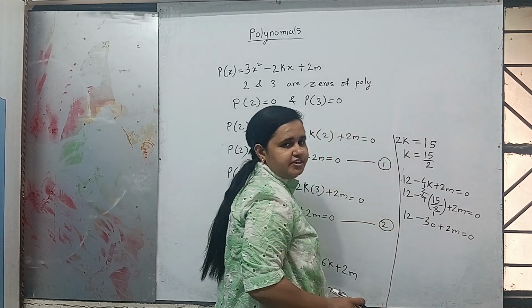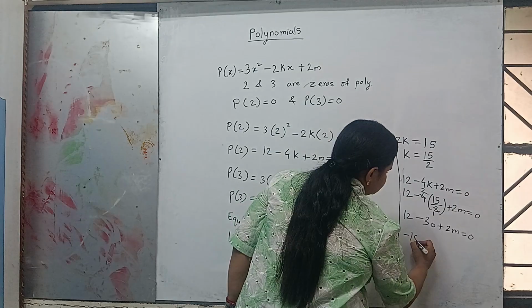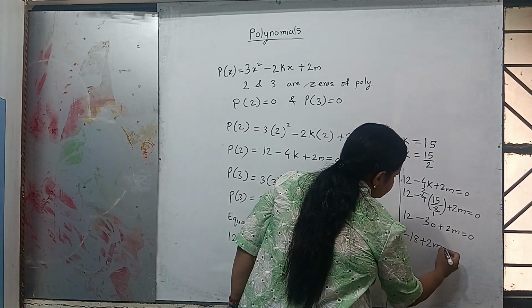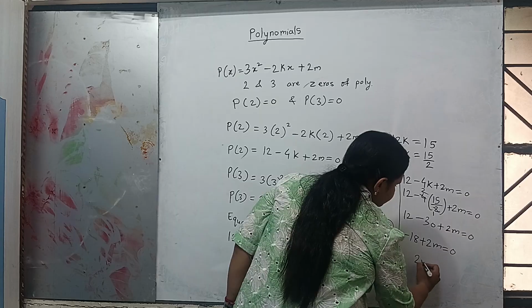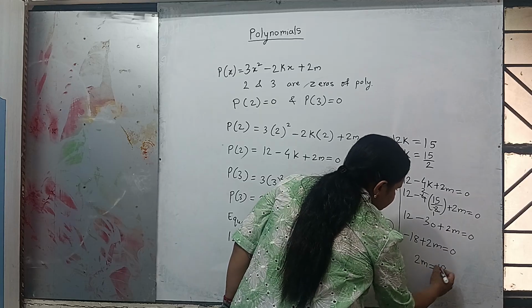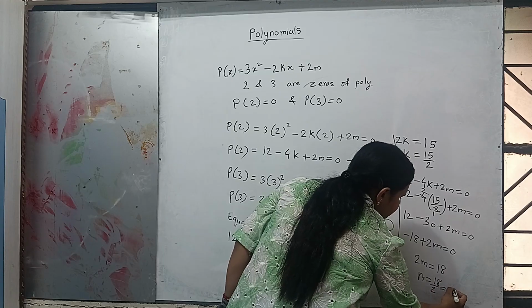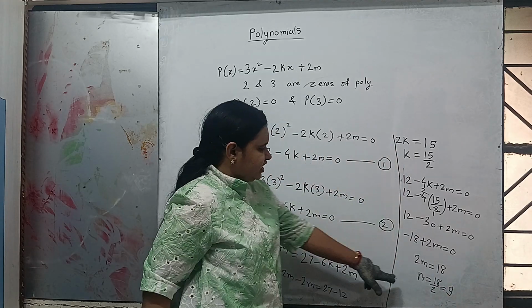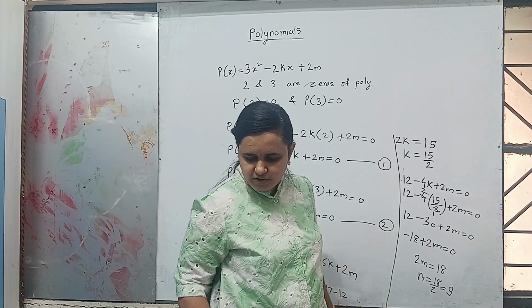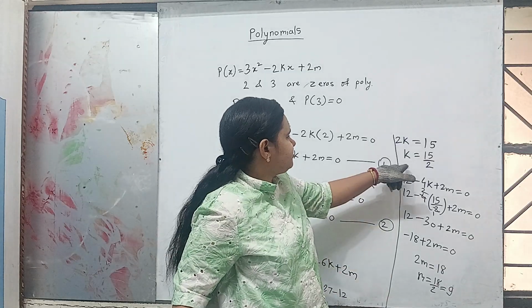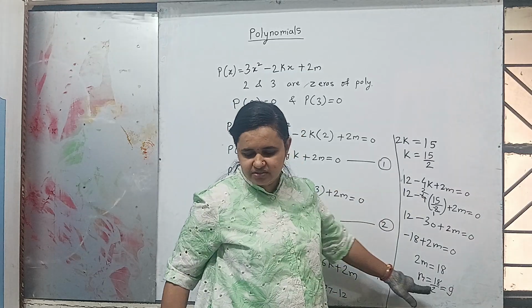So 12 minus 30 will be minus 18 plus 2m equals to 0. 2m will be equal to 18. So m will be 18 upon 2, that is 9. M equals to 9. So our option is the second, k equals to 15 by 2 and m equals to 9.